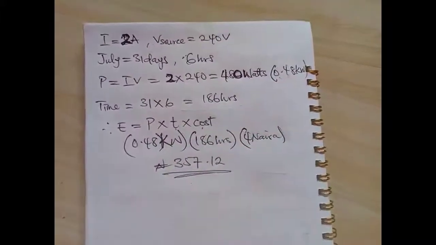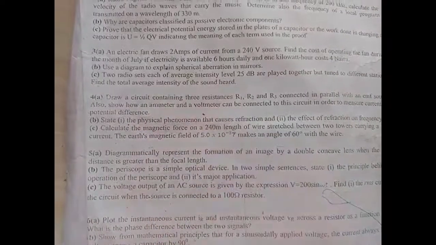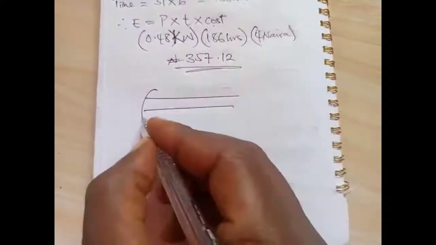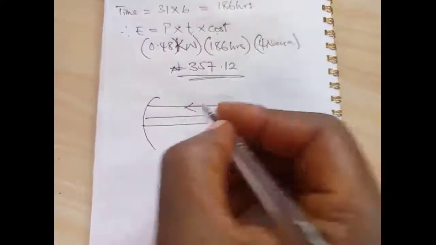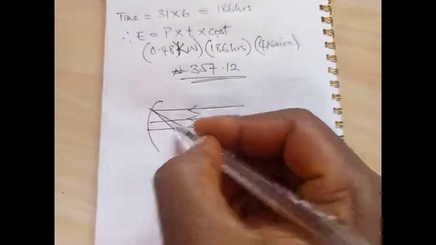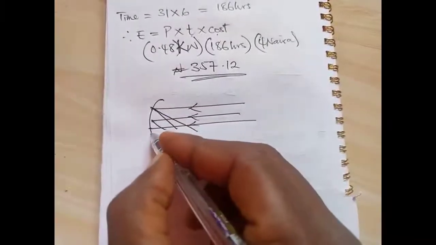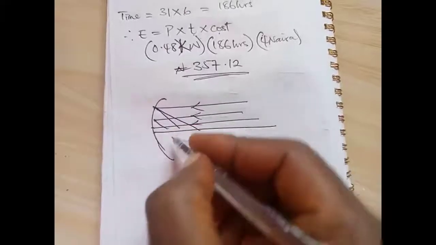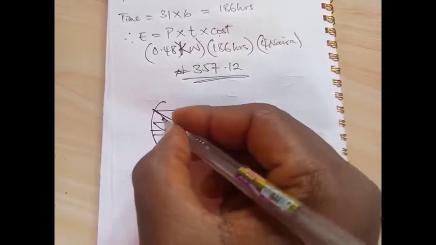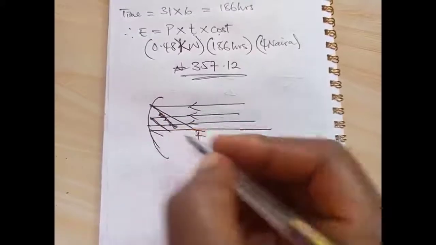The next question says, use a diagram to explain spherical aberration in mirrors. So if these are rays of light and they fall on different parts of the mirror, if this is the focal point F, this one comes here and this one comes in a different place.